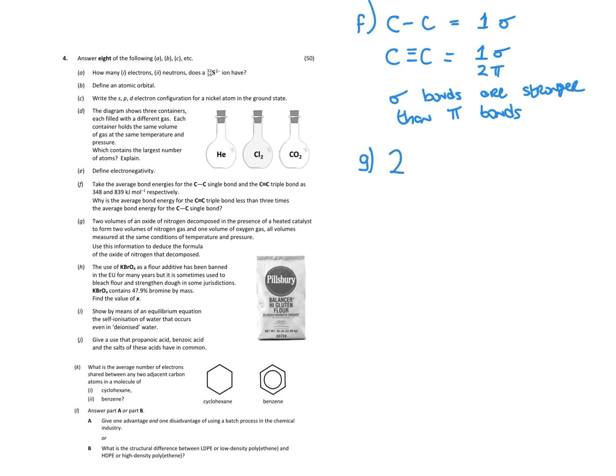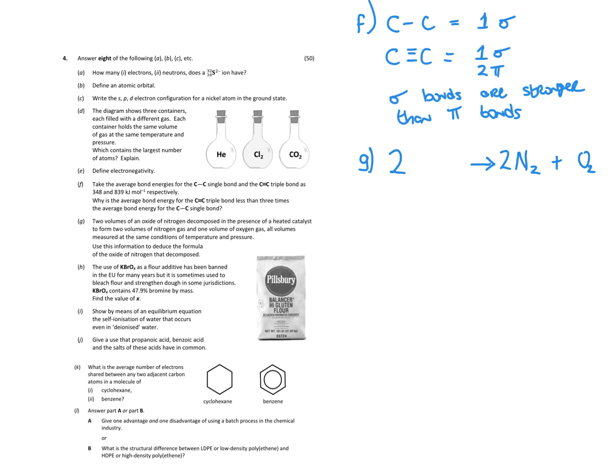So you're definitely going to have 2 of whatever your oxide is, and you're told that it decomposes, which means breaks down, to form 2 volumes of nitrogen gas. Now we know nitrogen gas naturally exists as N2. So you've got 2 N2 and 1 volume of oxygen gas, O2, because we know oxygen exists as O2. All volumes are measured at the same temperature and pressure, and use this information to deduce the formula of the oxide that decomposed.